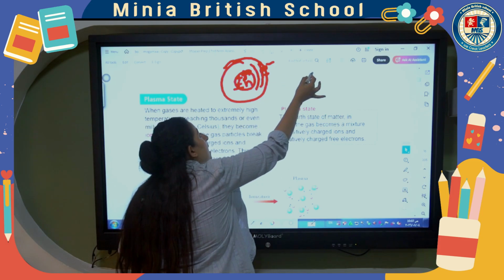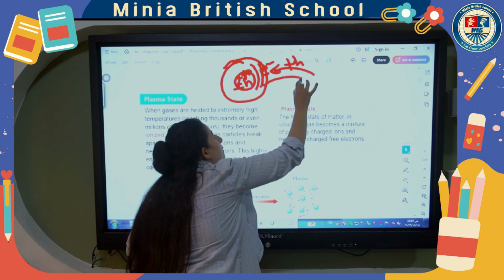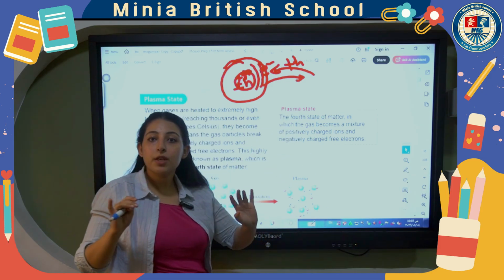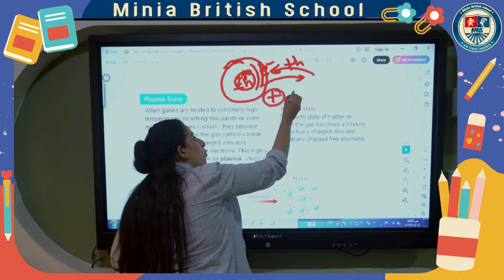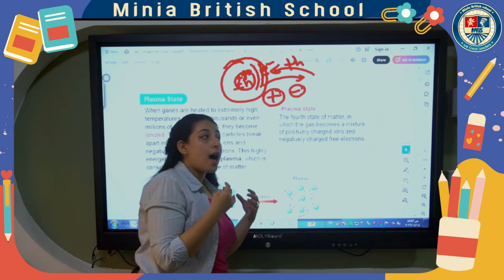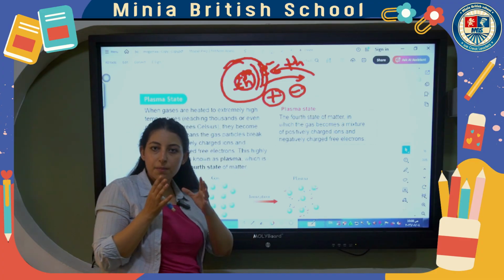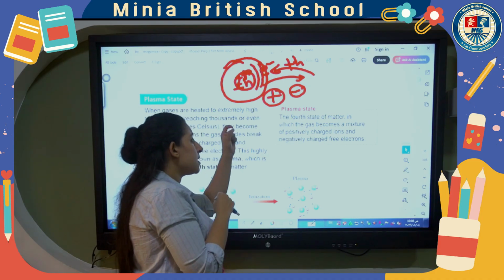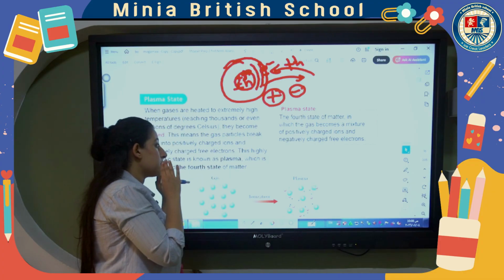When this atom gains more thermal energy, the electrons leave the energy levels and become free. So now we have positive charges with free negative electrons together. I can say now the atom is ionized. What is meant by ionized or highly energetic state? As you see, this atom gained a high amount of temperature.